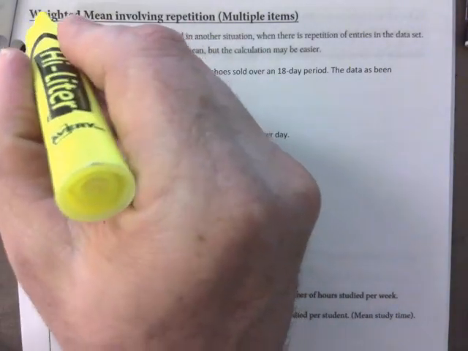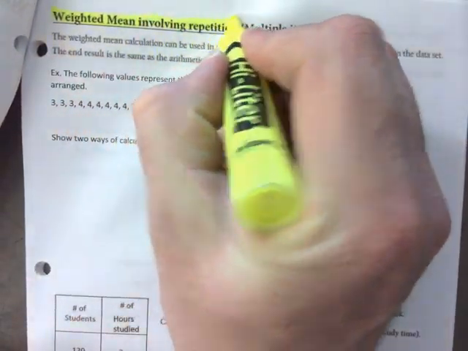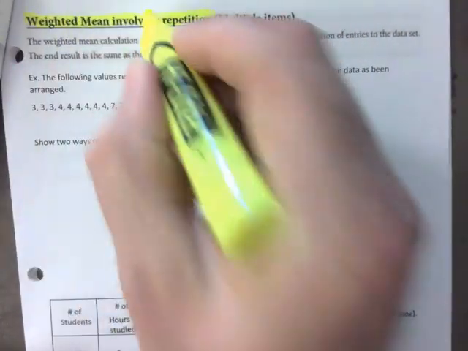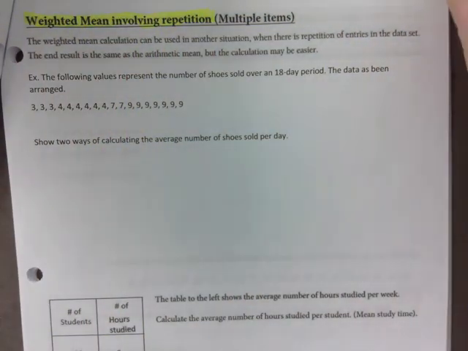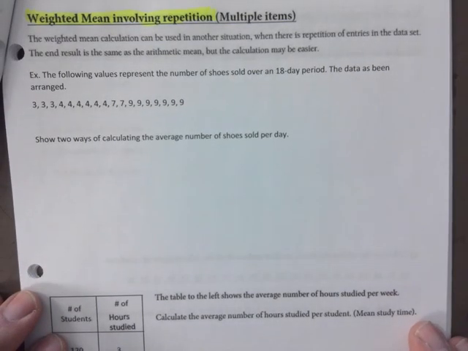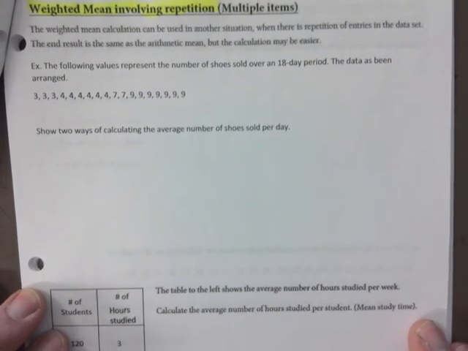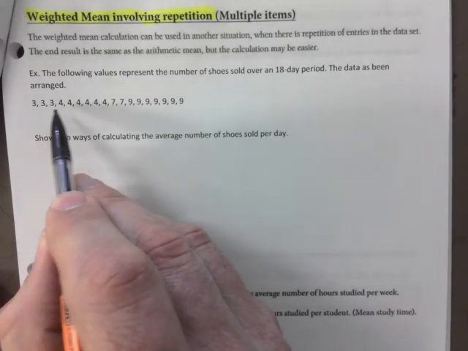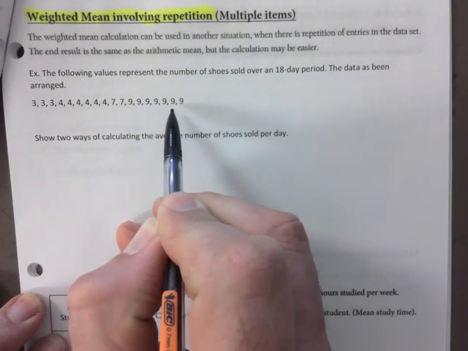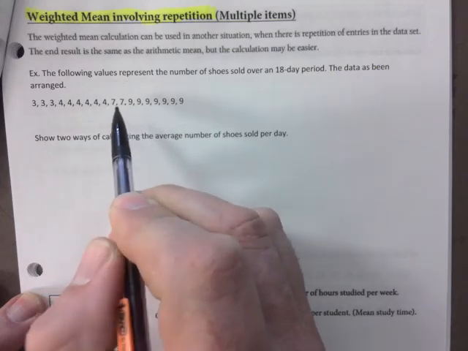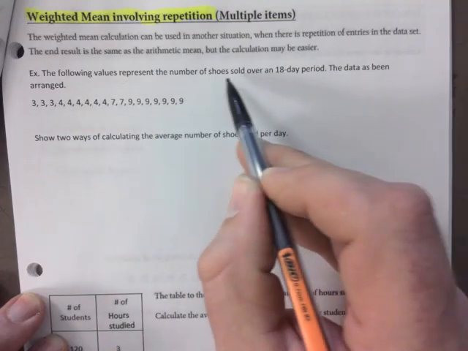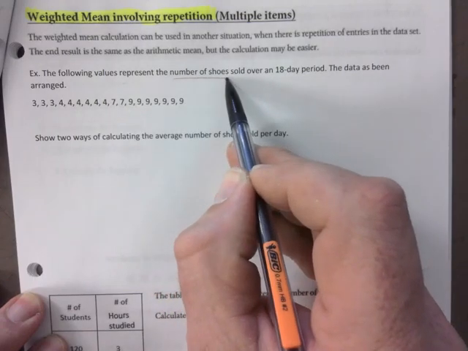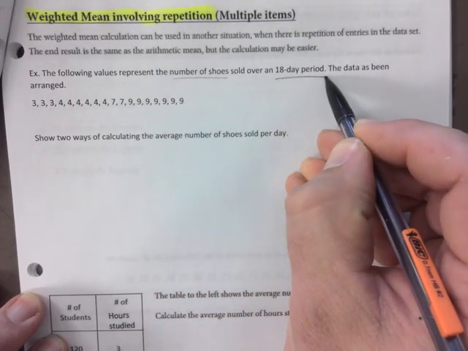So, weighted mean involving repetition. And this is what repetition is talking about. You see a bunch of 3s, a bunch of 4s, 7s, 9s, and so forth for this data set. And it's number of shoes over an 18-day period, right?